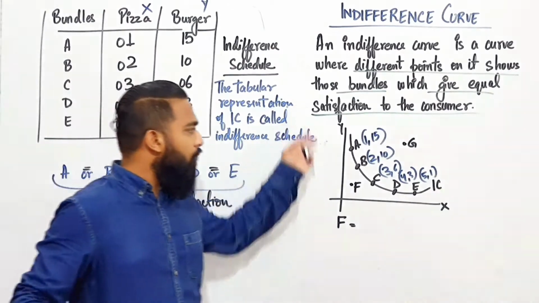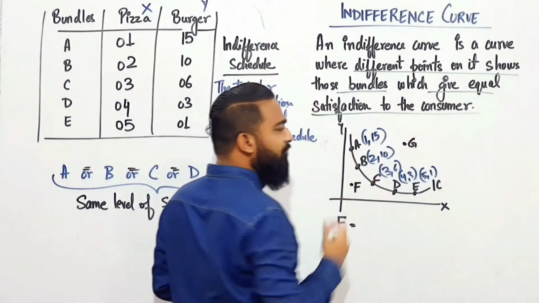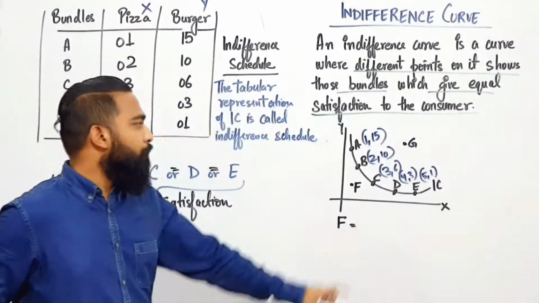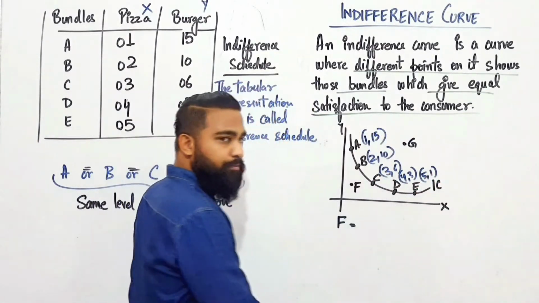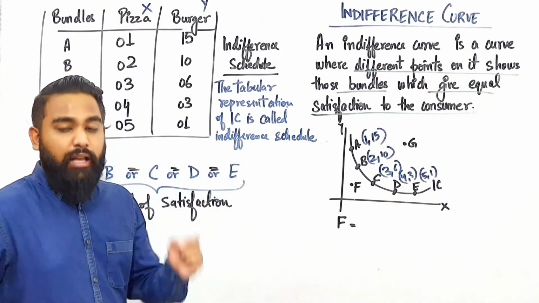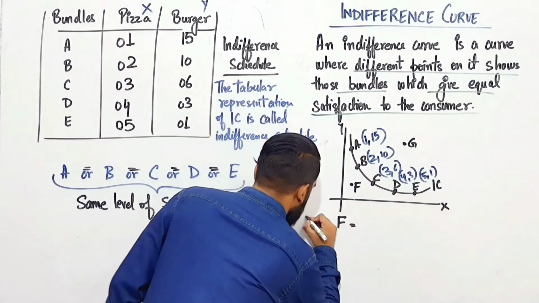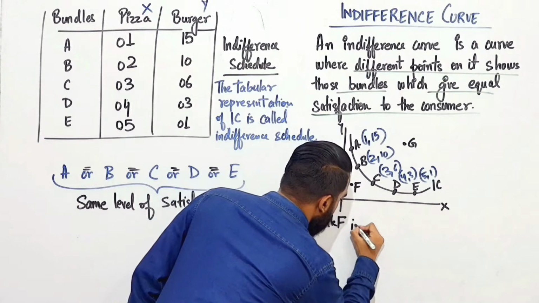I told you on a graph, whichever point is on the rightward side is more than the leftward point. So if you see, point F is less than these points.